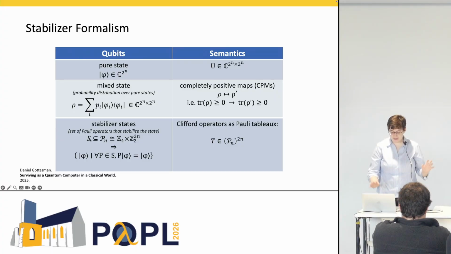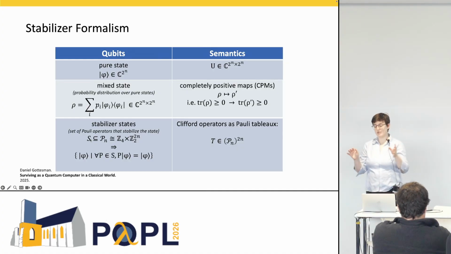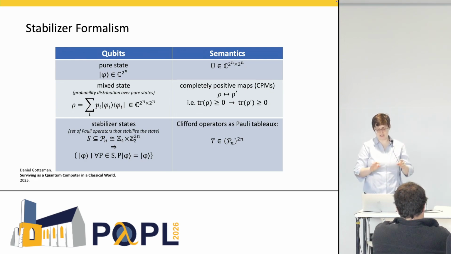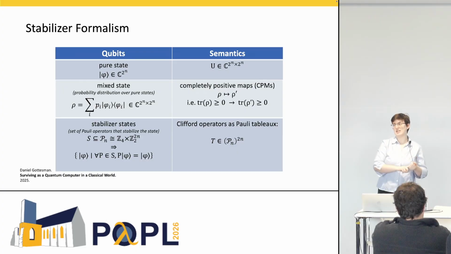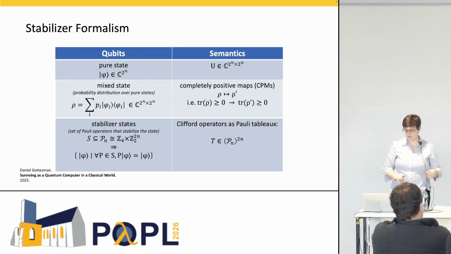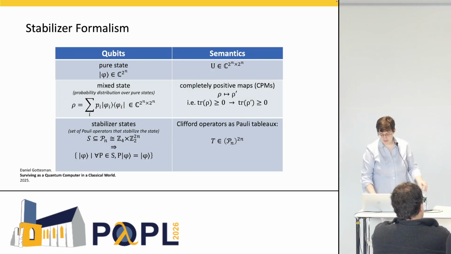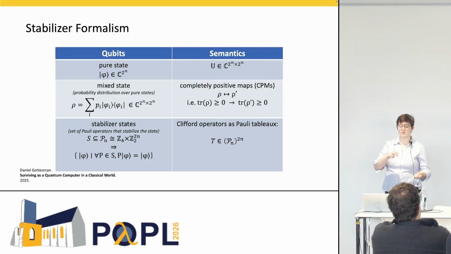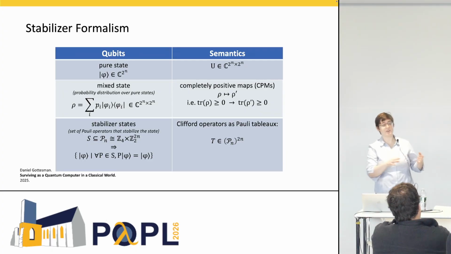And these operators are drawn from this Pauli group, which is a very well-behaved subset of unitaries, which I don't have the definitions on the screen, but one thing to note is that the Paulis can all be represented by bit vectors themselves. Okay, so each Pauli operation can be represented by a bit vector. And this stabilizer set is actually always going to be a group, so you only have to record the generators of that group rather than the entire thing.